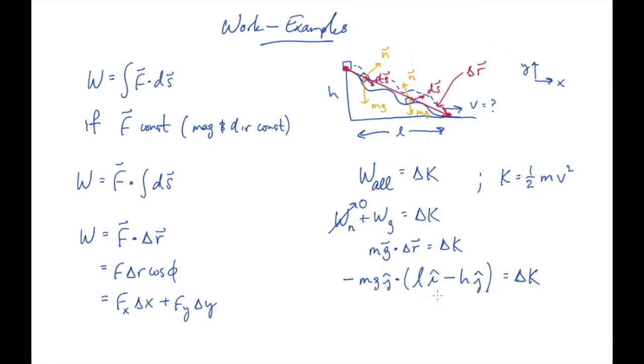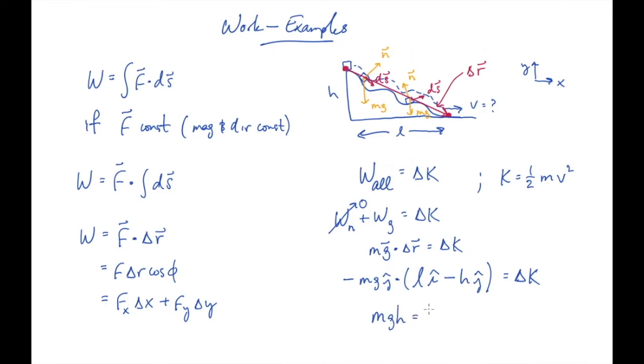That's L. But that first term just gives us 0, because there's no sideways component of the force. For the y components, we have the y component of the force, minus mg, times the y component of the displacement, minus h, and we find that the work done by gravity is mgh.